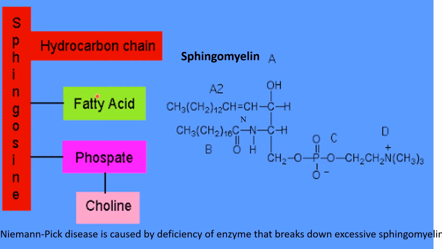When a phosphate group along with choline is attached to this structure, it is called sphingomyelin. And you are very well aware that sphingomyelin is mainly present in the nerve cell. It's present in the myelin sheath which surrounds the axons of the nerve cells. Sphingomyelin is very important as a component of the myelin sheath.